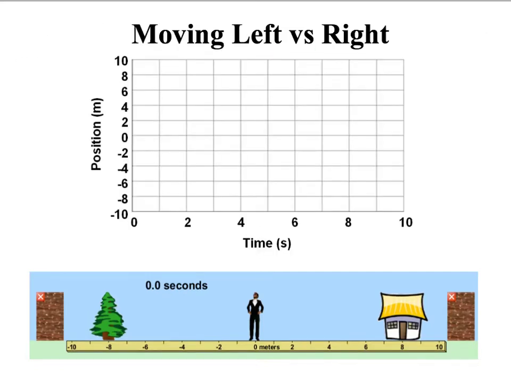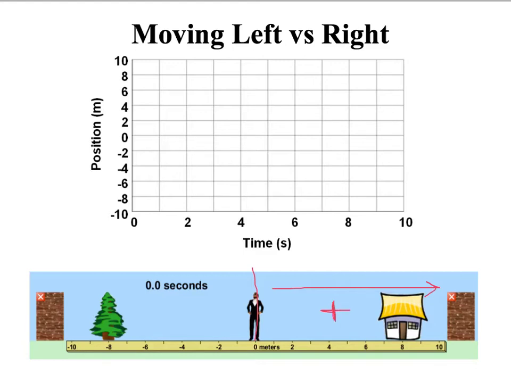Now, another thing we did on the computer lab was to move left versus right. If you look at this number line, right exactly where Abe is standing, that's 0 meters. And if we move him to the right, all of these numbers are positive numbers.